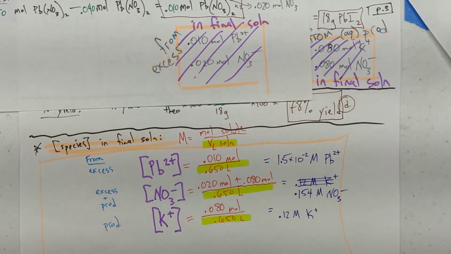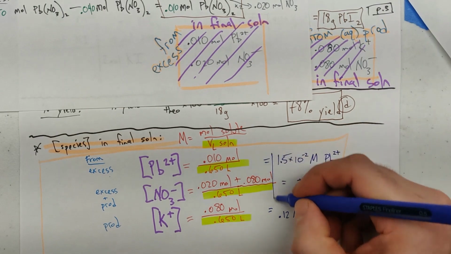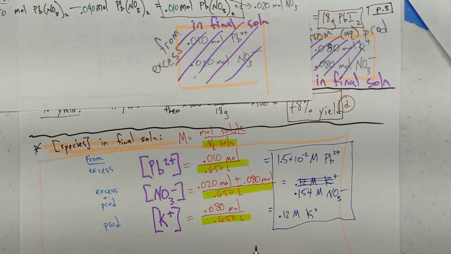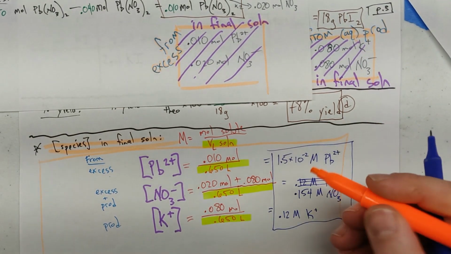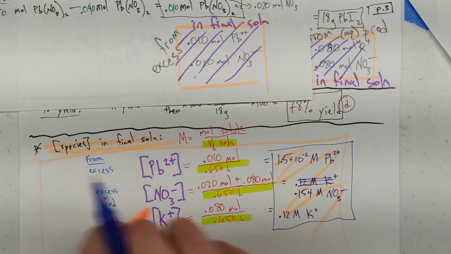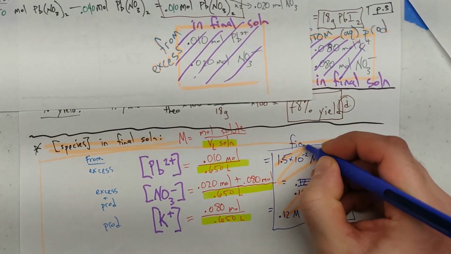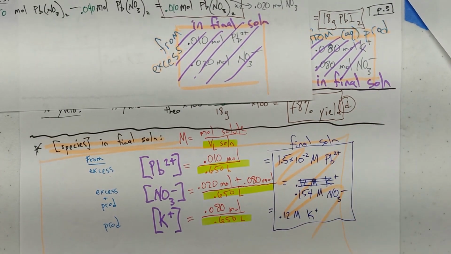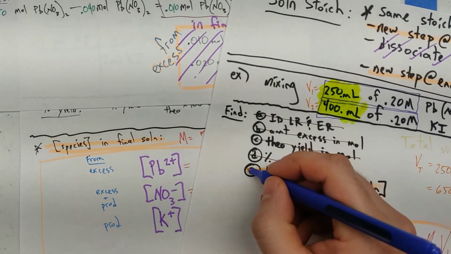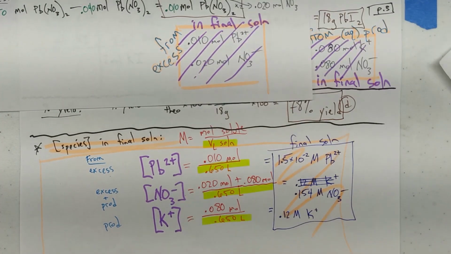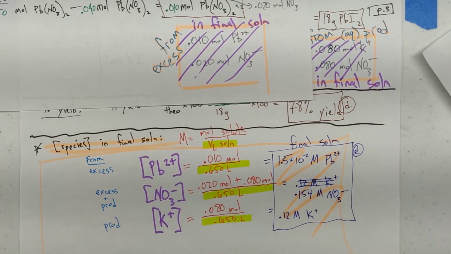And that gets us this final answer, the concentration of our species present in the final solution. And as you may recall, that was our part E. All right, that is the entirety of that problem.